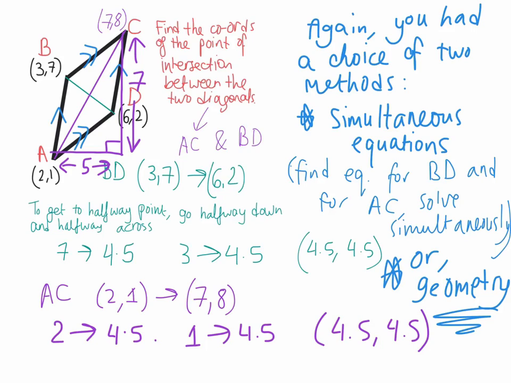You could have gone down the simultaneous equations route by finding an equation for the diagonal BD and an equation for the diagonal AC, and then solving those two equations simultaneously, or the geometry method, which I've just shown you here, of adding extra lines to your diagram and just being really careful in terms of assigning lengths to different lines and things like this.